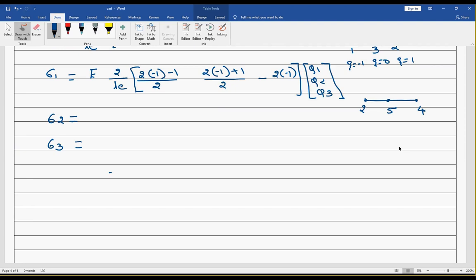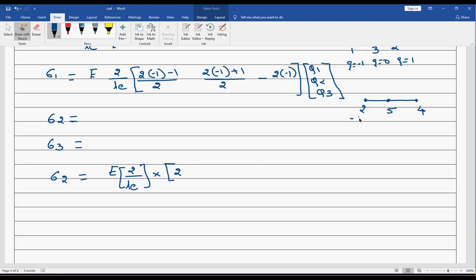So I will have a sigma 2 here again. You have to verify whether it comes the same or not. So E 2 by LE is what we have to multiply.